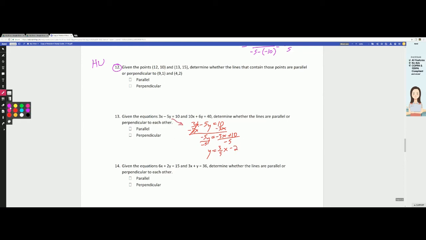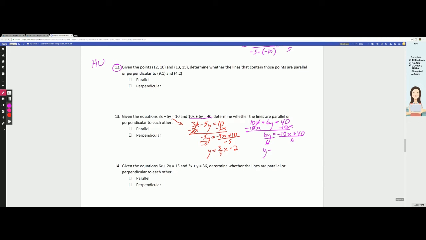Okay, let's go ahead and try the guy right here, the purple one. We have 10x plus 6y equaling 40. Again, subtraction property, let's move over the term with the x variable. We're going to have 6y equaling negative 10x plus 40. Division property, what you do to one side, do the other.